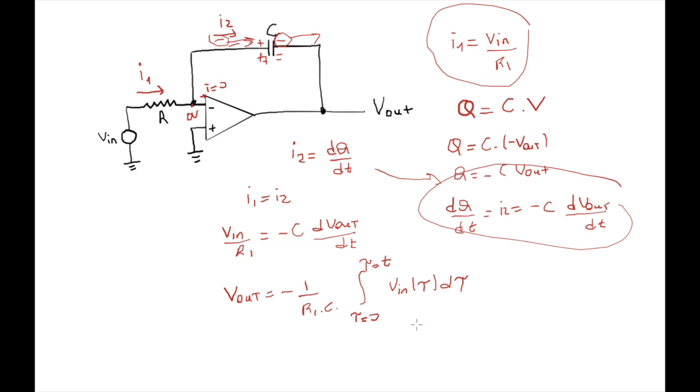So on the right hand side I have the integral of my input voltage, and on the left hand side it's just the output. So basically the output is calculating the integral of the input voltage.